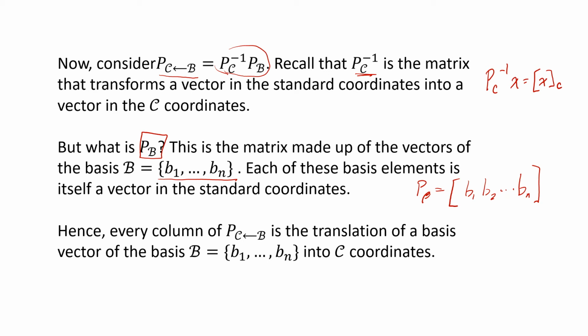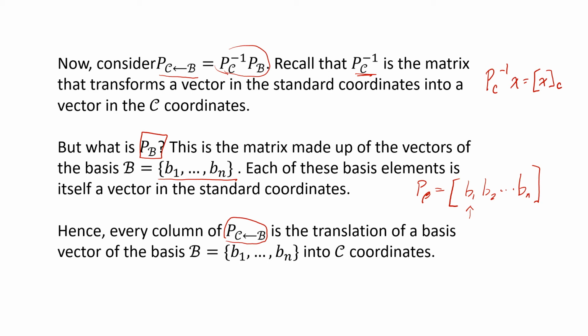So you take P from B to C, and really what that is equal to is translating every basis vector of B into the C coordinates. Because what is the basis vector? The basis vector is a set of coordinates in the standard basis. PC inverse converts it into the C coordinates.